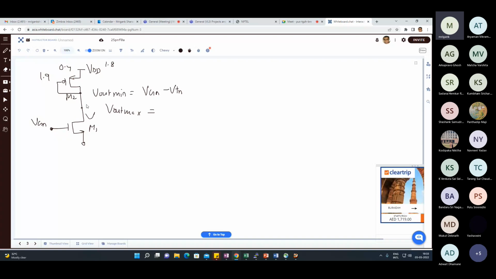If you are operating in the super threshold region, we would like to make sure that it is not turned off. The moment the overdrive becomes much lower, the current will change drastically. It will turn off almost, compared to whatever bias current you had, and the bias current here will go down drastically. So many of the assumptions that you had in the design are no longer valid. The ratio GM1 upon GM2, W by L1 upon W by L2, all those considerations are gone if it is turning off.